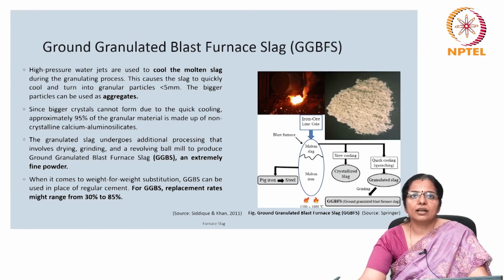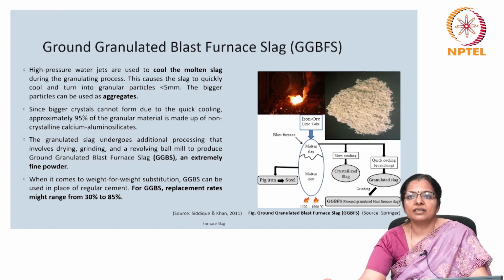If we look at ground granulated blast furnace slag, in its production, the cooling of molten slag is a crucial step. High pressure water jets are employed to rapidly cool the molten slag, causing it to transform into granular particles smaller than 5 millimeters.